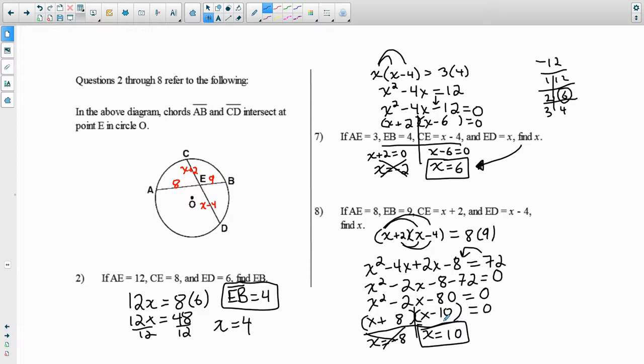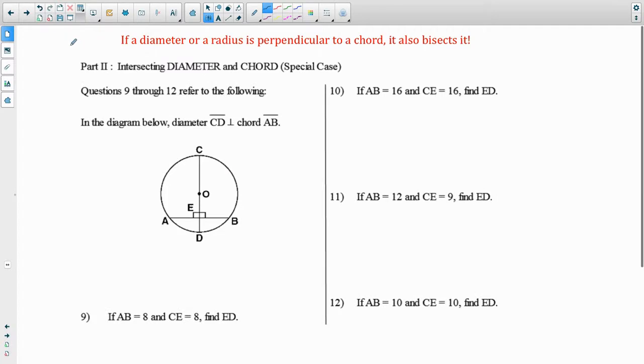Now, before we finish, I do want to just introduce one important special case. The special case states that if you have a diameter or a radius, which is half of a diameter, that is perpendicular to a chord, if that's given to you, we can assume that it is also bisecting that chord.